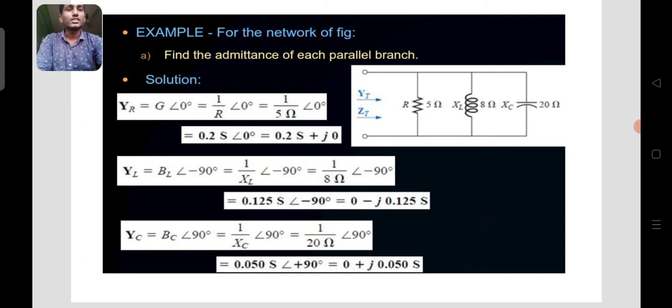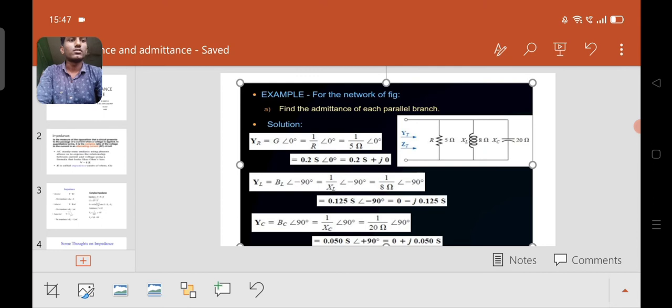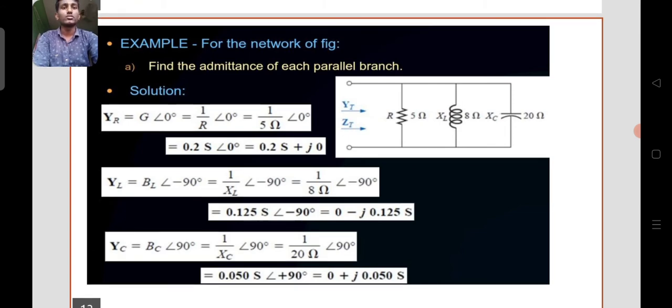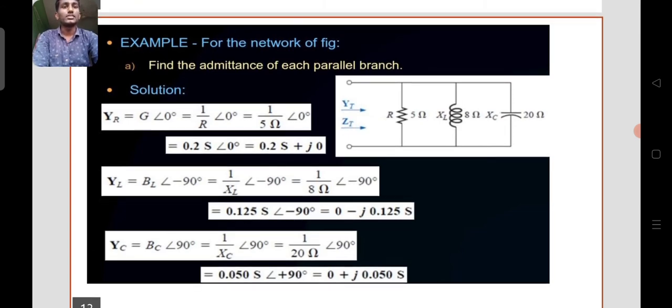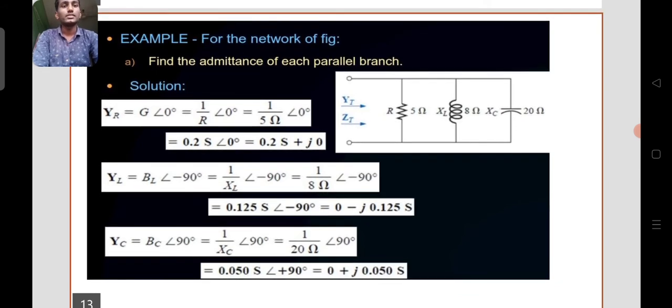Find the admittance of each parallel branch. So from the circuit diagram, YR equal to G into angle 0 degrees equal to 1 by 5 ohms angle 0 degrees. We get 0.2 siemens, j0.